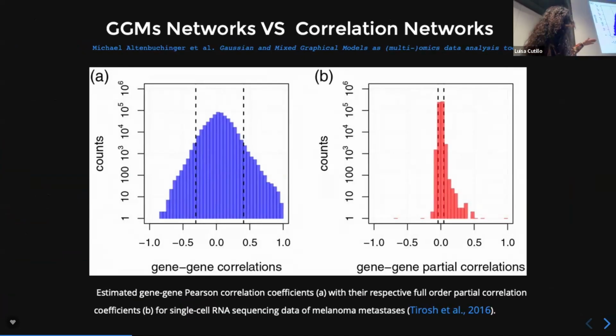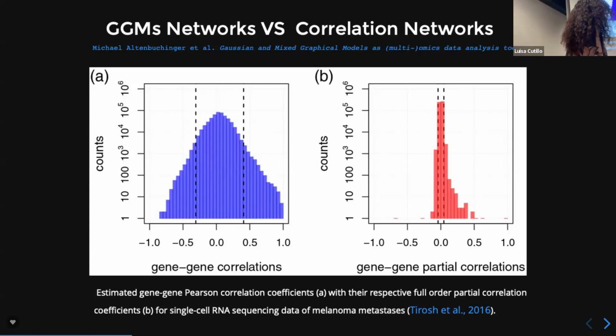And then we have the gene-gene correlation network values and the gene partial correlation values. So as you can see, this gene-gene correlation is much more dense. That means that practically all the genes are connected to each other, right? So that makes the correlation a bad measure of dependency, because I won't discover much. I just see that everything is connected to everything, right?